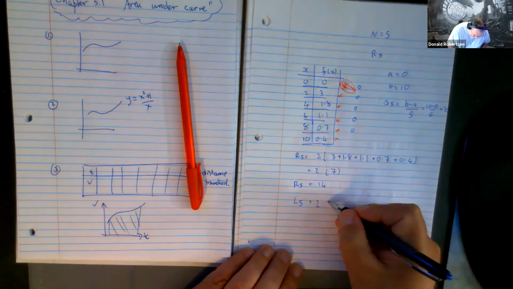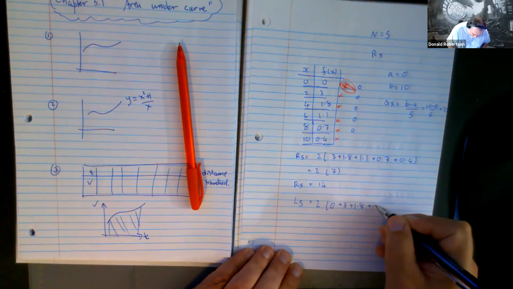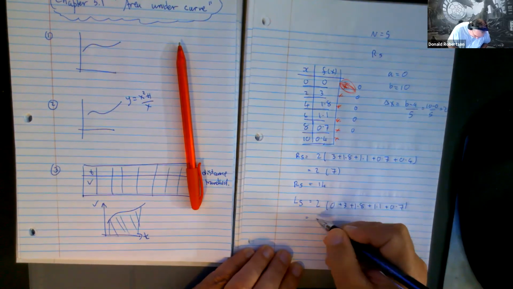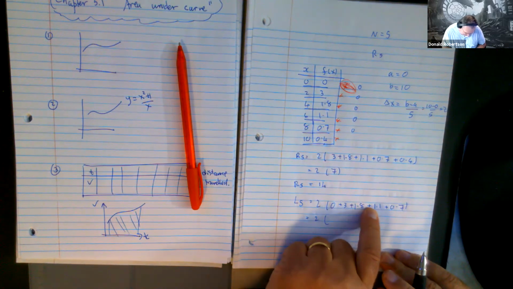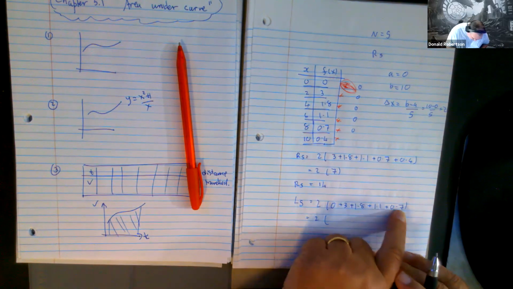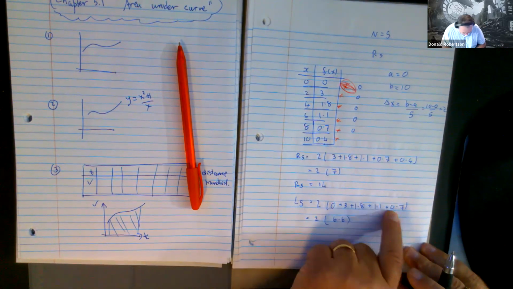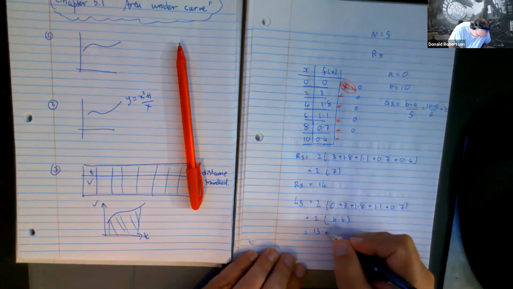And that's going to be 0, add 3, add 1.8, add 1.1, add 0.7. And that's 2 times 3, 4.8, 5.9, 6.6. Double check that. 4.8, 5.9, 6.6. And that ends up being 13.2.